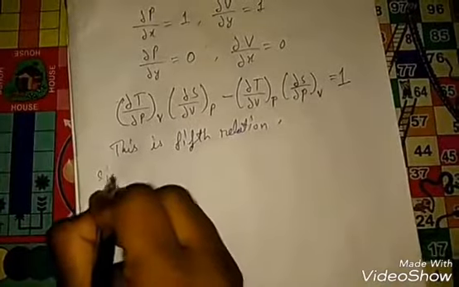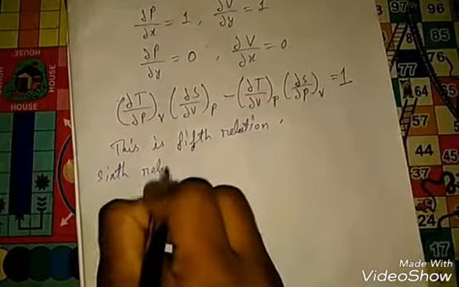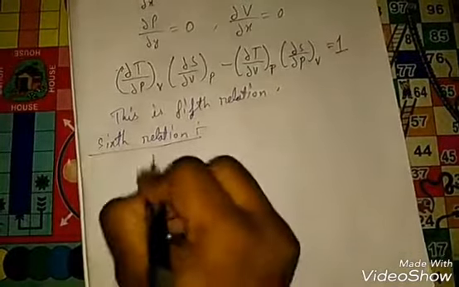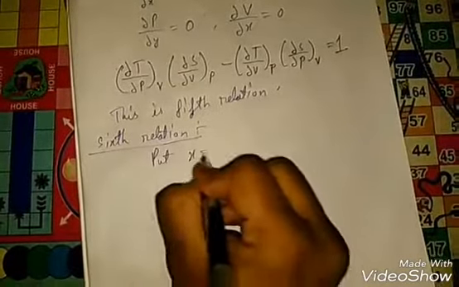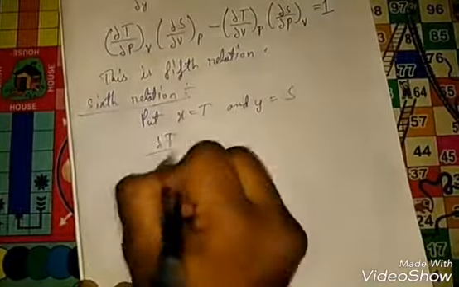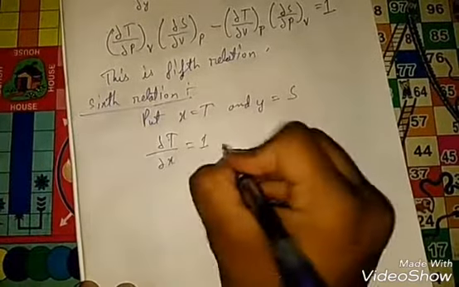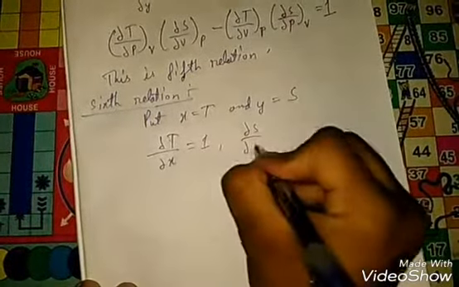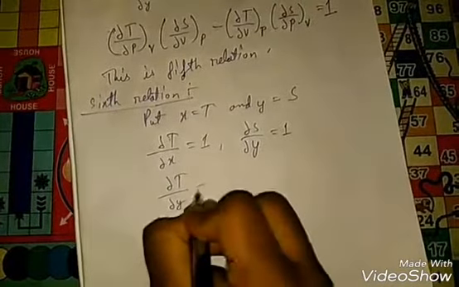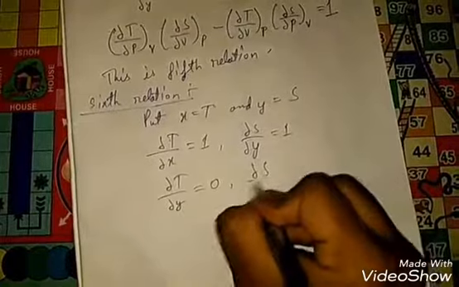Now for the sixth relation we put x is equal to t and y is equal to s. Then we get del t by del x is equal to 1, del s by del y is equal to 1, del t by del y is equal to 0, and del s by del x is equal to 0.